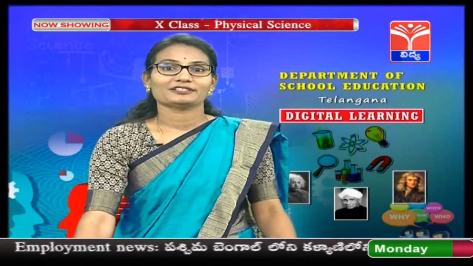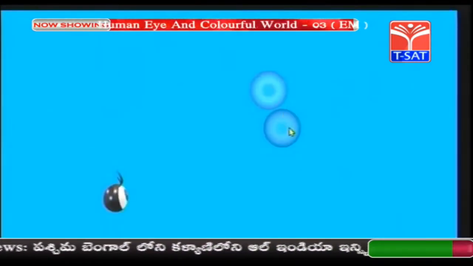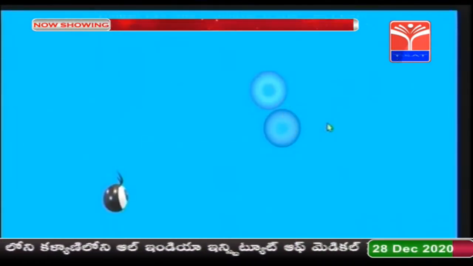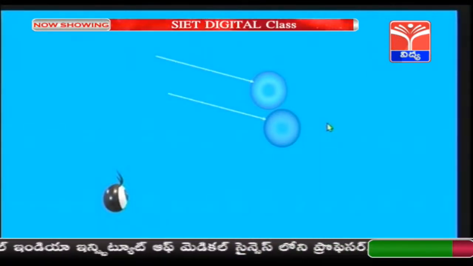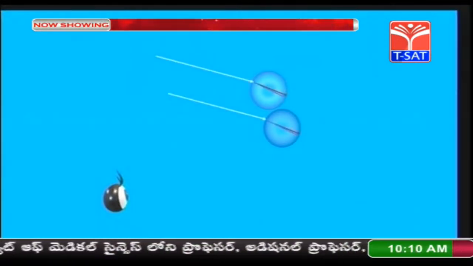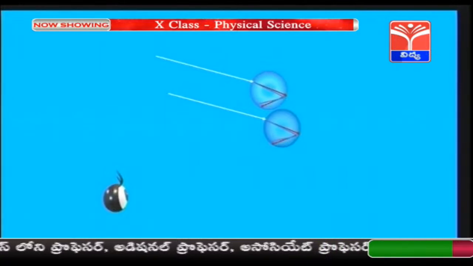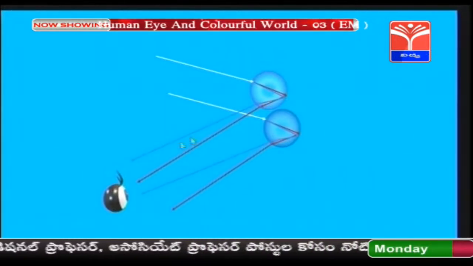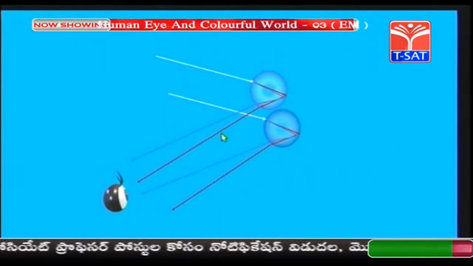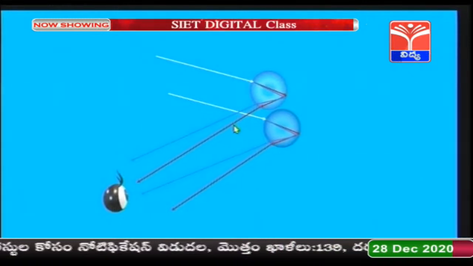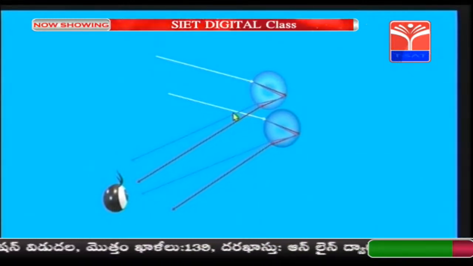So observe here, children, I have drawn two water droplets here. When the white light is incident on the water droplets, they disperse all the light rays, that is, all the spectrum of visible light. I am drawing only two colors here, that is red and the shorter wavelength, violet.